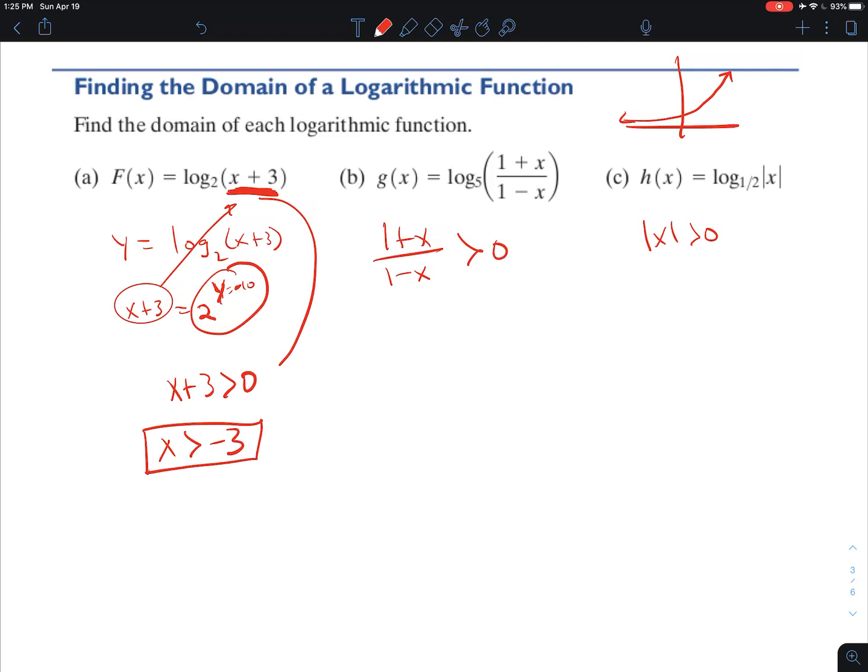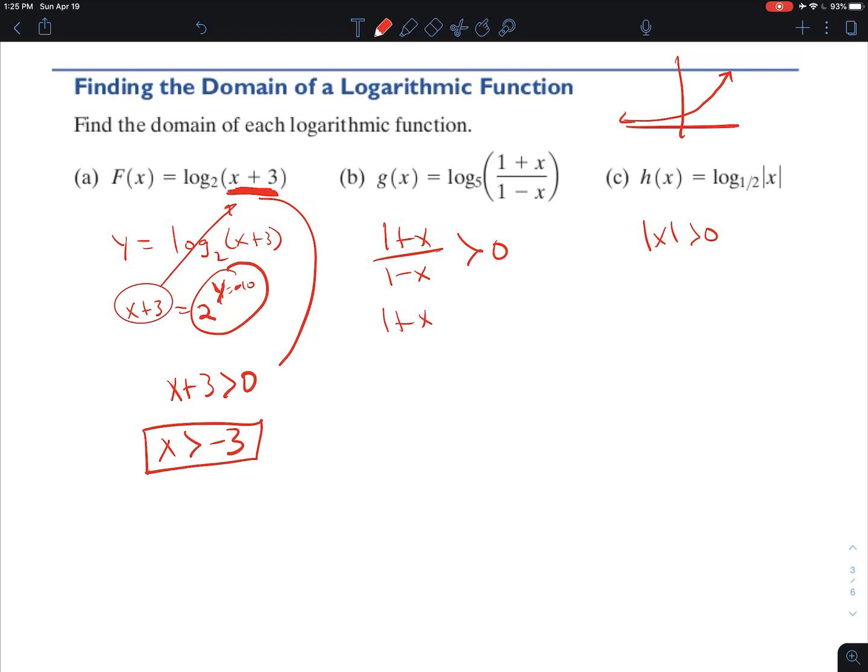If we go back to B, 1 plus x over 1 minus x is greater than 0. If there's a restriction on x here, let's see, if I multiply the 1 minus x over, then that's going to go away.